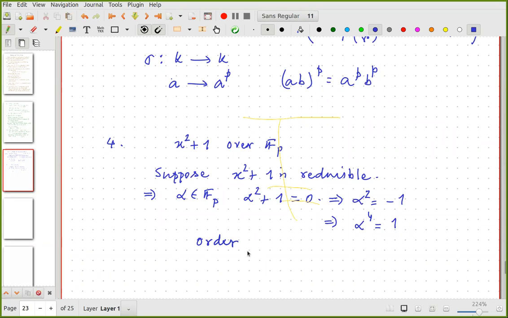Alpha is obviously a non-zero element, so alpha belongs to Fp star, the non-zero elements, Fp without zero, just subtracting the singleton set 0. The order is not 2, so it has to be 4. So the order of alpha is 4.